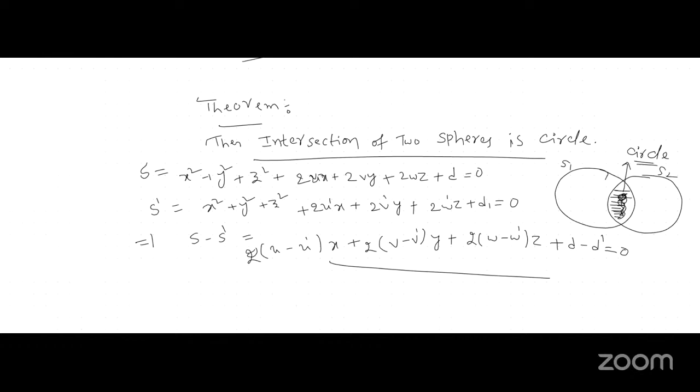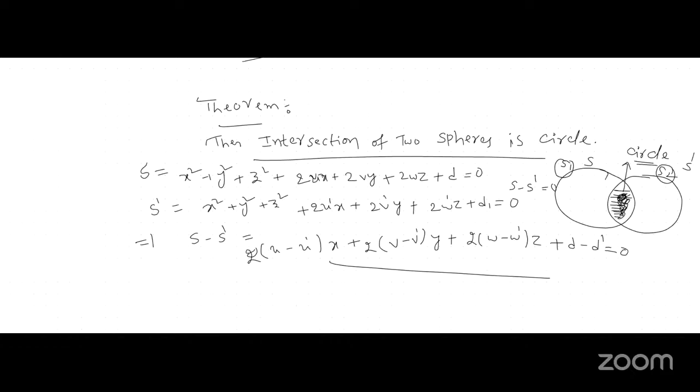So these are the common points of S and S dash, which is the section of the sphere S equal to 0 with the plane S minus S dash equal to 0.